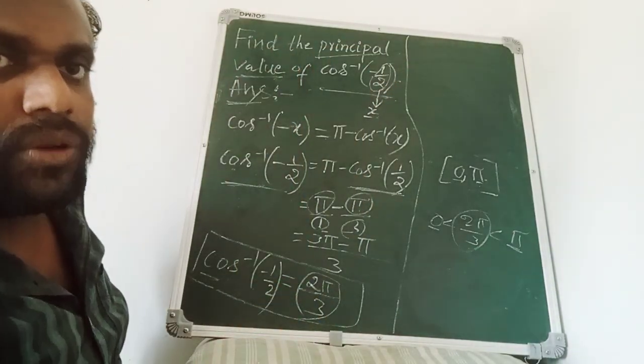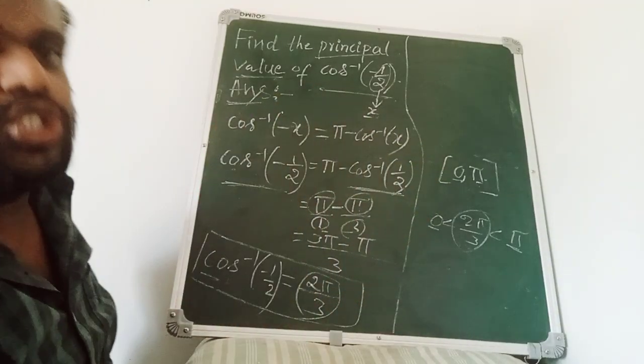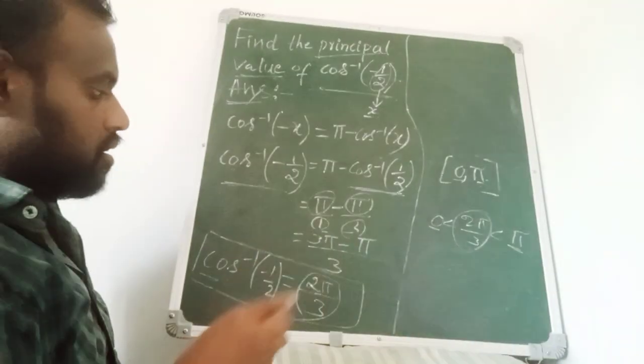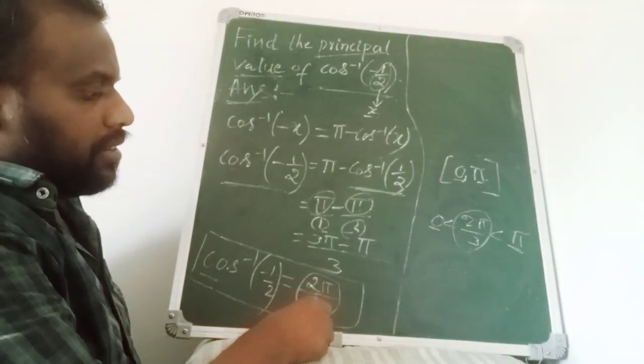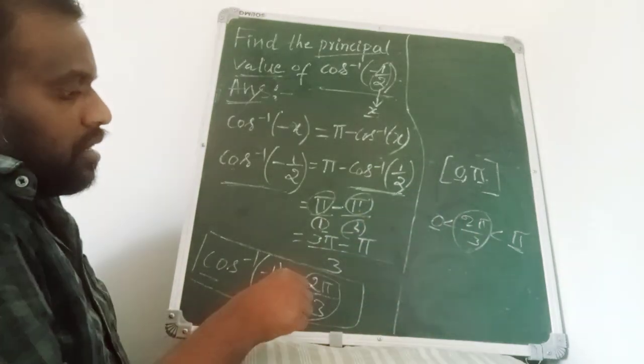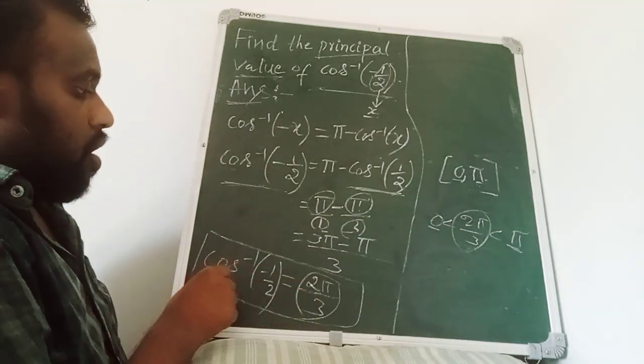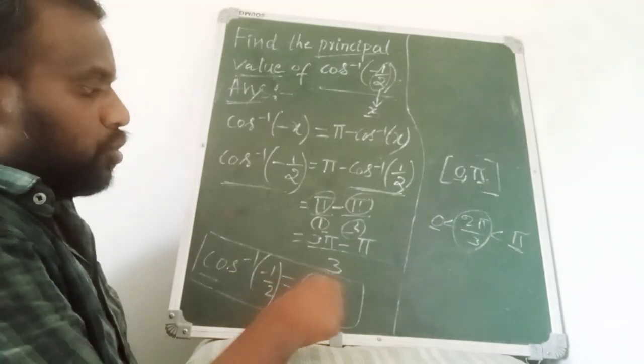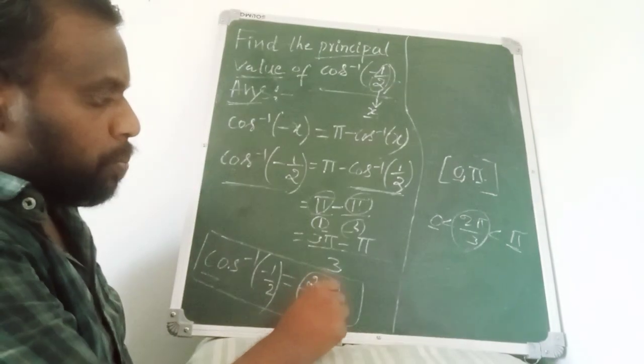Principal value is the value that lies within the range only. So since 2 pi by 3 lies in the range, this is the answer: cos inverse of minus 1 by 2 is equal to 2 pi by 3.